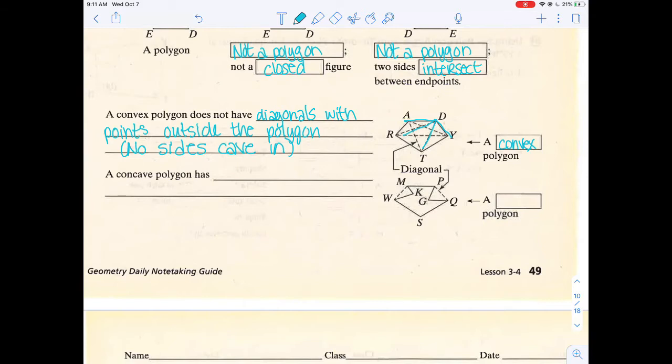Then a concave polygon has at least one diagonal with a point outside the circle, or sorry, outside the polygon.